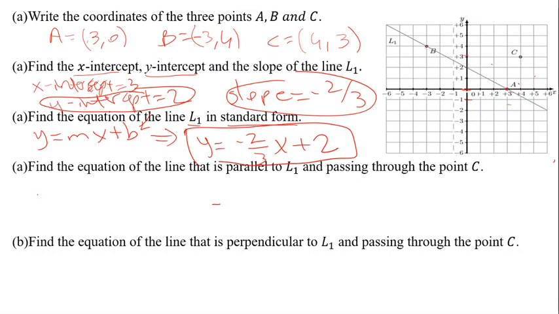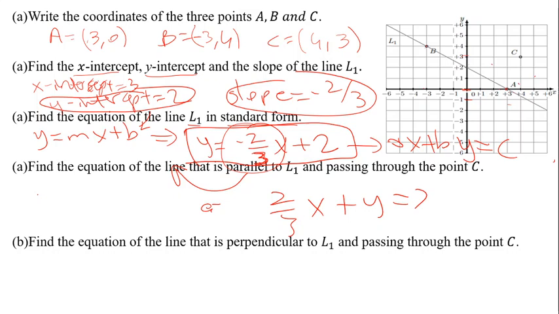Okay, this is slope intercept form. Okay, I want to write it in like ax plus by equal to c. So then you can send this one to the other side, 2 over 3x plus y equal to 2. Indeed, we are done. This is accepted as an answer.